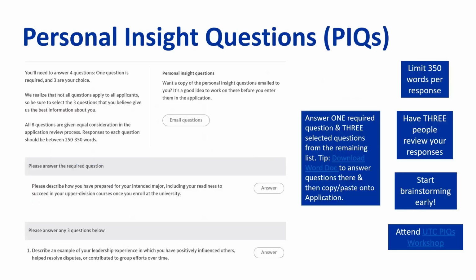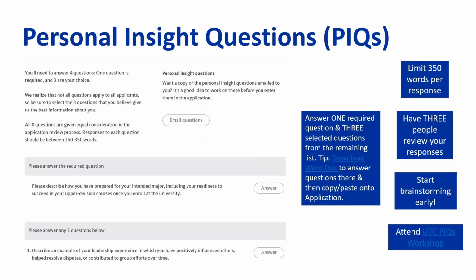The personal insight questions are a way for them to review you in a more comprehensive way. This is a way of allowing them to get to know you above and beyond what they might glean if they just looked at the list of courses and the grades you earned, right?